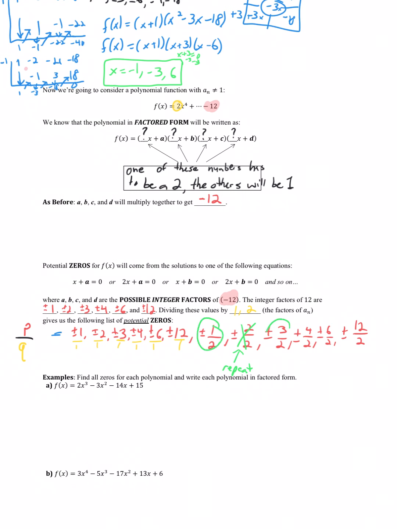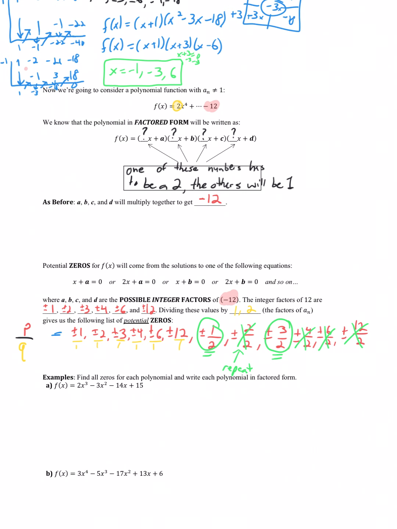We don't have a 3/2 yet, so that's a new one. 4 divided by 2 is 2. That's a repeat. 6 divided by 2 is 3. That's a repeat. 12 divided by 2 is 6. That's a repeat. So we can technically cross all those ones out. We already have 2, 3, and 6 written down. So we're adding 4 more potential zeros.